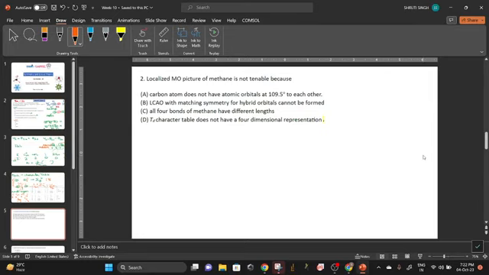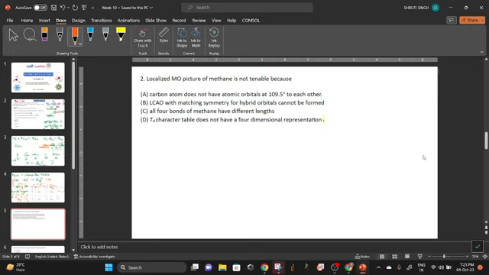So the next question is: the localized MO picture of methane is not tenable because carbon does not have atomic orbitals at 109.5 degrees; LCAO with matching symmetry for hybrid orbitals cannot be formed; all four bonds of methane have different bond lengths; and the tetrahedral character table does not have a four-dimensional representation.